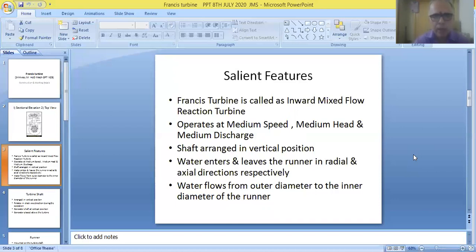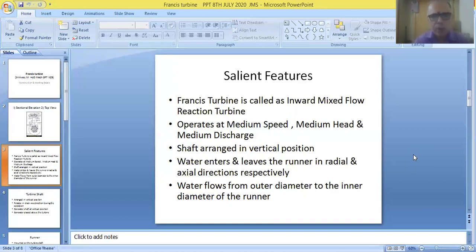Water will be entering in radial direction and leaving in axial direction. It's called a mixed flow turbine. And the inlet pressure of the runner is greater than the outlet pressure of the runner. This pressure difference is called reaction pressure, very essential for operating the machine. So it is called a reaction turbine.